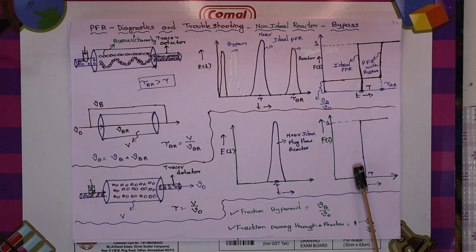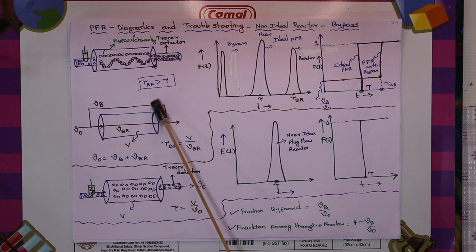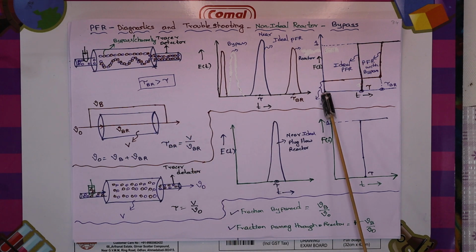Let us see how the ideal CSTR graph looks. At time t equal to tau, all molecules exit the reactor. Now, because of the bypassing, the F of t graph will not start at zero. F of t starts at a nonzero value initially, because a few molecules have already bypassed at time t equal to 0.